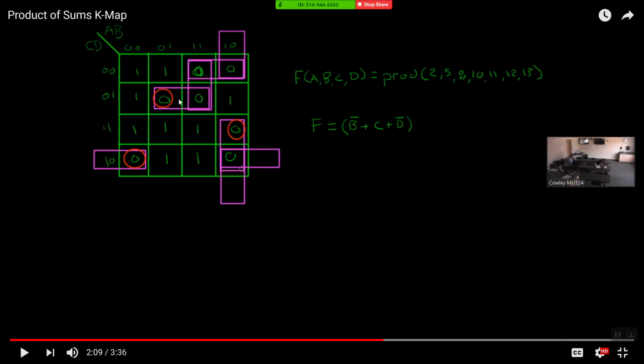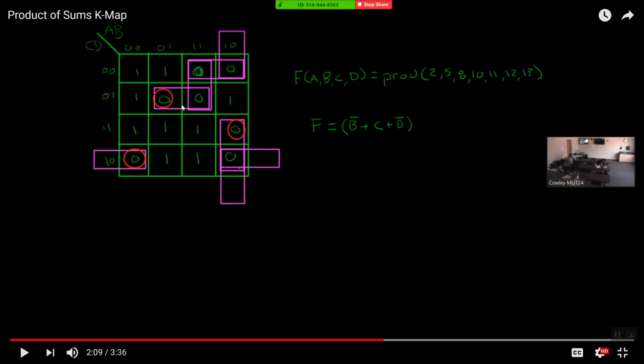Okay, so C and D are both the same here, aren't they? So he jumps directly to this, where you just write the F down. And since C is equal to 0, then you put a C down.